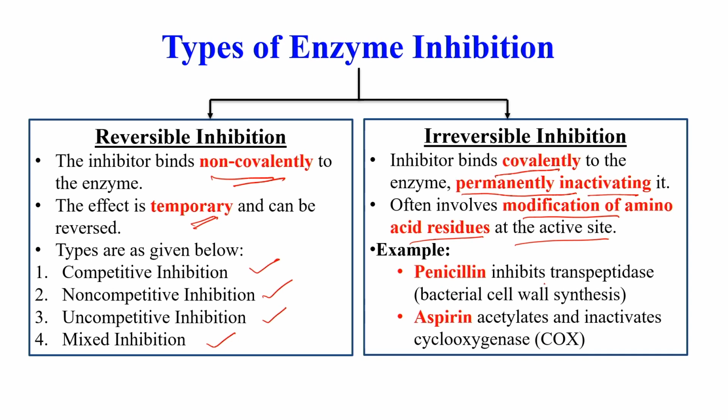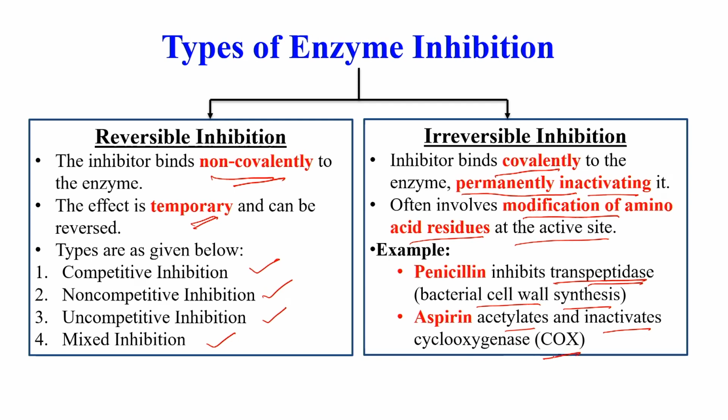For example, penicillin inhibits transpeptidase, which is required for bacterial cell wall synthesis, and in this way it acts as an antibiotic. Aspirin acetylates and inactivates cyclooxygenase.